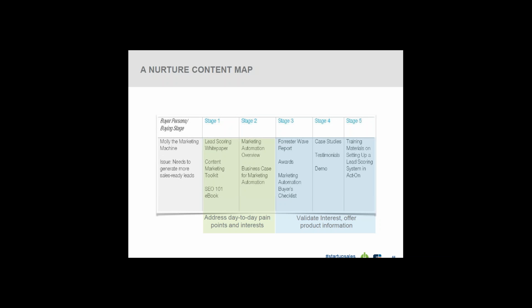As we get farther down into stage 3, 4, and 5, it's really along validating the interest, making sure we're providing product information. What's the difference between Act-On and other vendors there? Things like analyst reports, the Forrester Wave report, or case studies as we get farther down. These become very critical at those later stages.